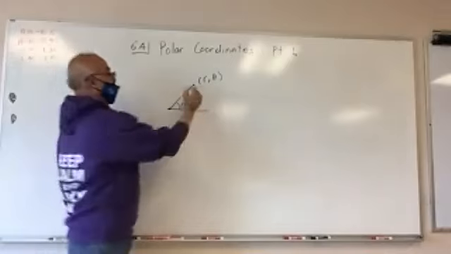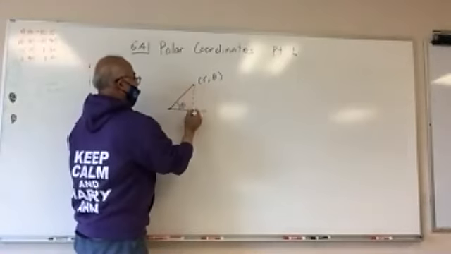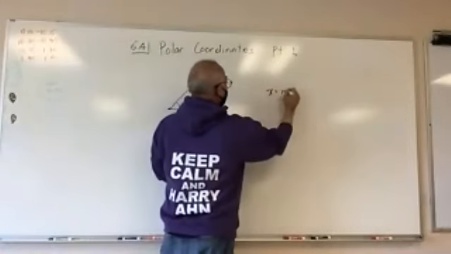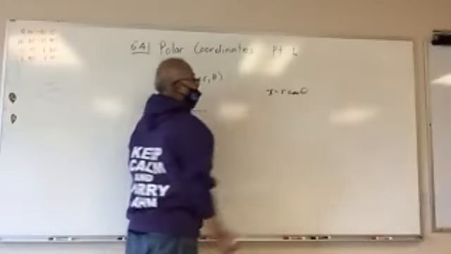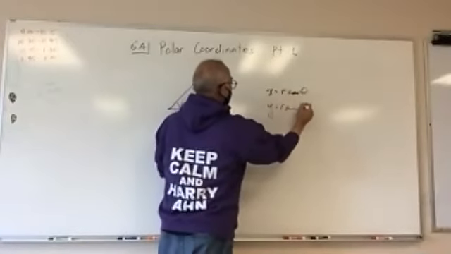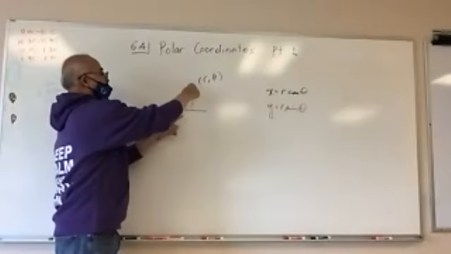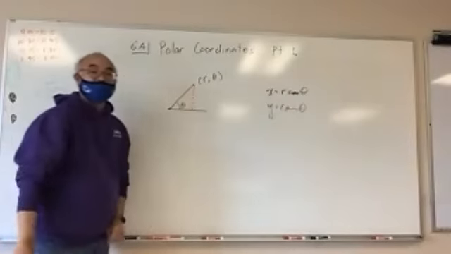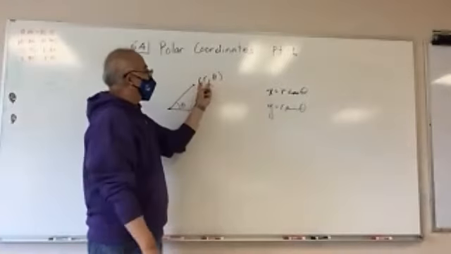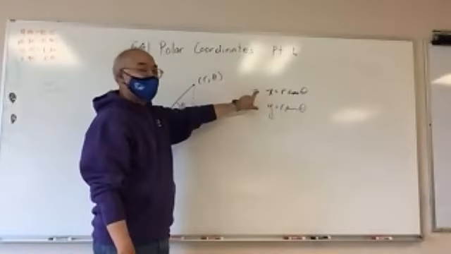Wouldn't R cosine theta be the length of the bottom? Yeah, so this would be R cosine theta, right? So your X is going to be R cosine theta. Similarly, your Y would be R sine theta, correct? Okay. So this is the relationship between your polar coordinates and your Cartesian coordinates.